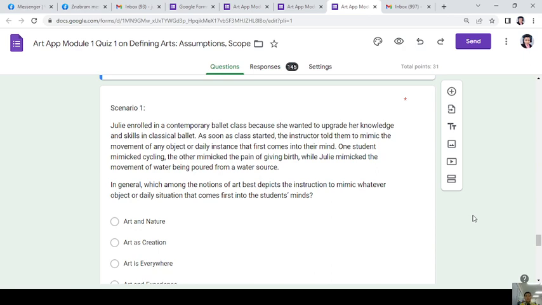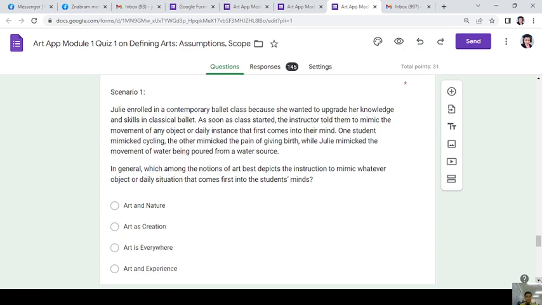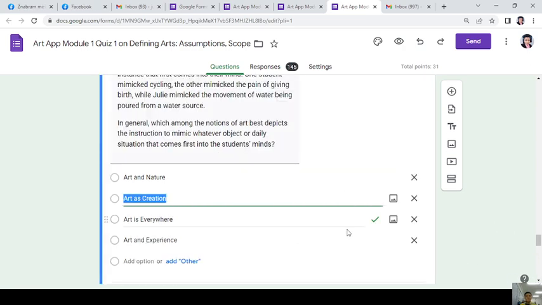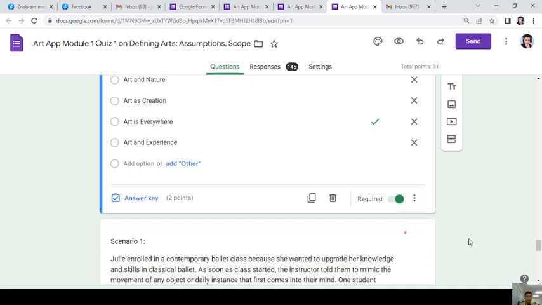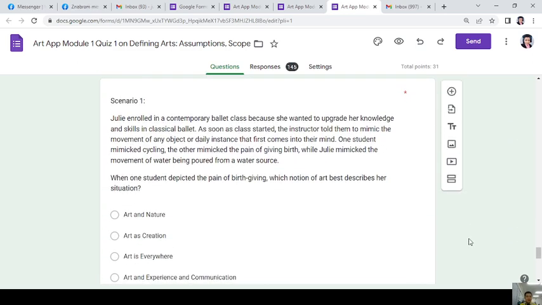In general, which among the notions of art best depicts the instruction to mimic whatever object or daily situation that comes first into the student's mind? Perfect. It's art is everywhere. Next, same scenario.